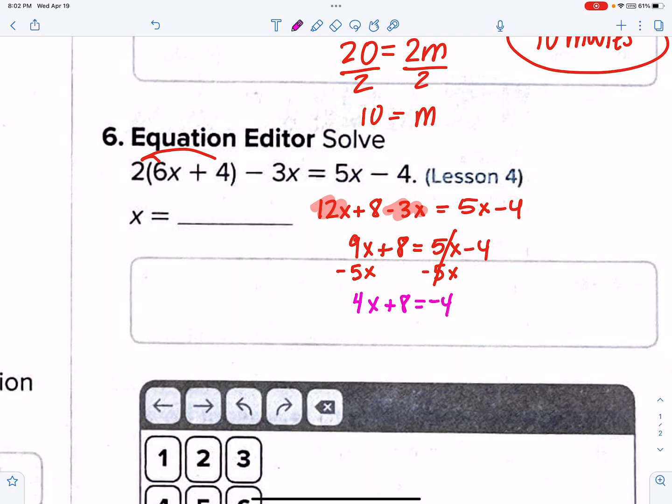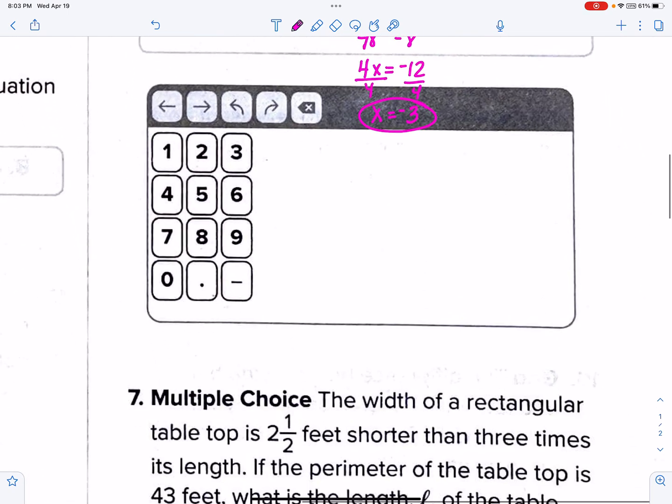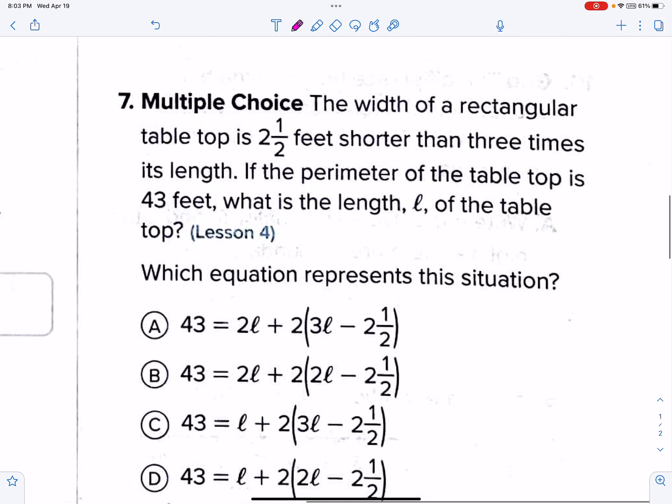I want to isolate the variable, so I'm going to subtract 8 from both sides. That creates a 0 pair, and so we have 4x equals negative 12. Then we'll divide by 4 on both sides, and we get x equals negative 3. And there we go. Okay, let's take a look at number 7.